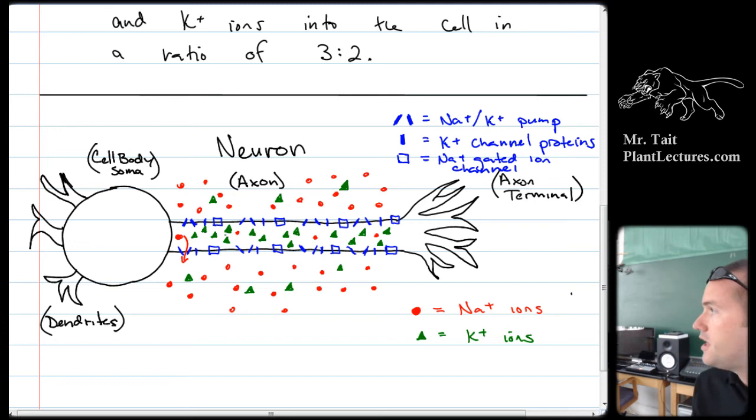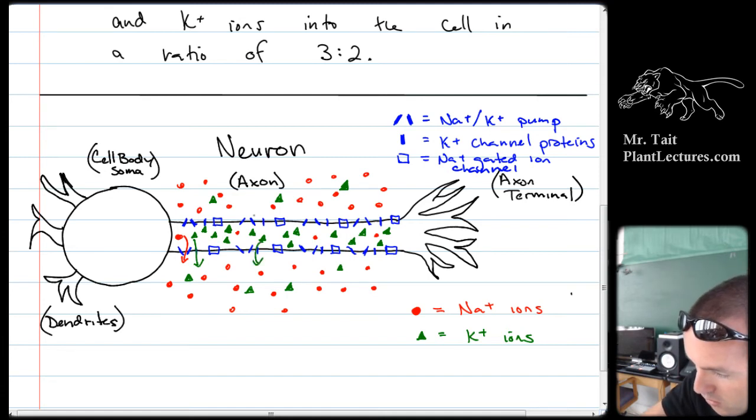The potassium ions are inside, so where are they going to want to go? Outside. Can they? Yes, because there's a potassium channel protein. The potassium channel protein allows these potassium ions to duck out, so they're able to go through these channel proteins.